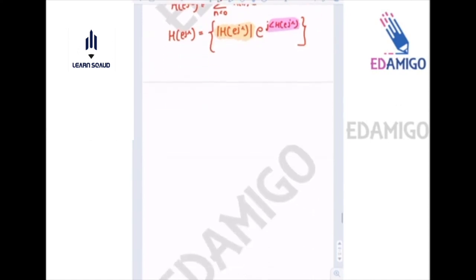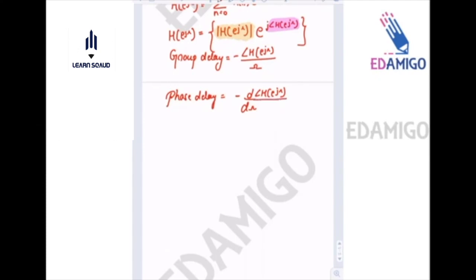Now as we know, the group delay of a system is equal to minus the derivative of the phase response of the system with respect to the variable, that is the discrete frequency, and the phase delay is equal to the phase response of the system divided by the discrete frequency.